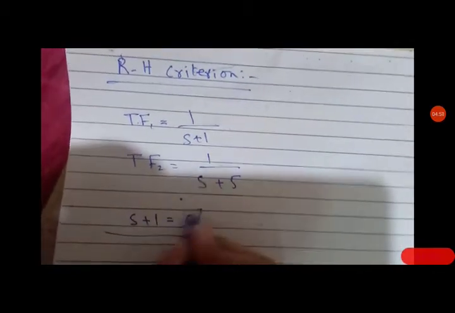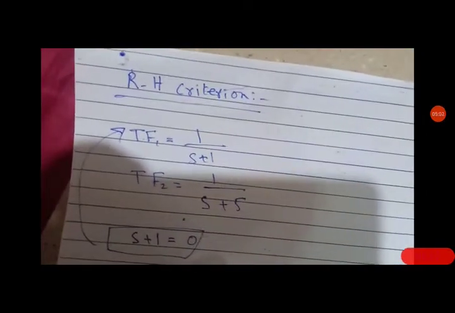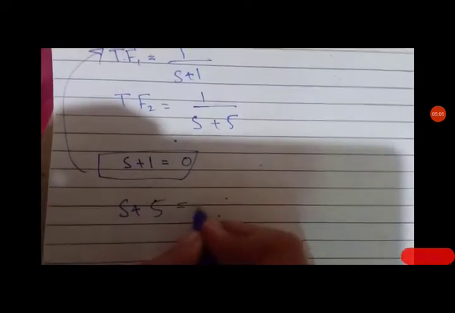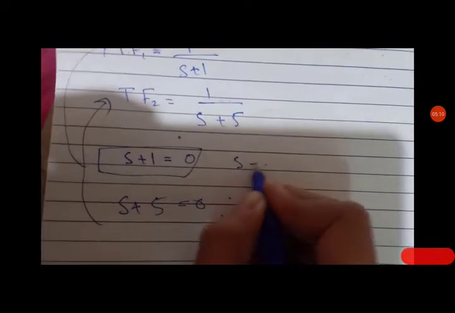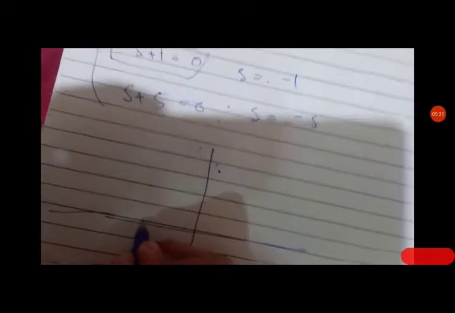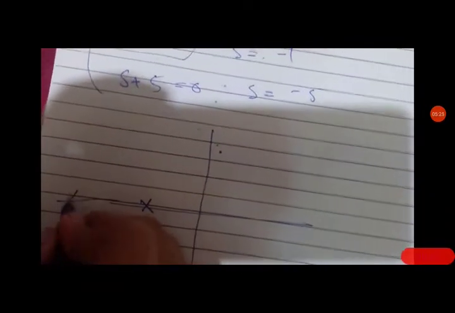This is the characteristic equation of this transfer function 1, and this is the characteristic equation of this transfer function 2. So here s will be equal to -1, here s will be equal to -5. If we plot these both transfer functions in s plane, this will be one pole at -1, this will be at -5.